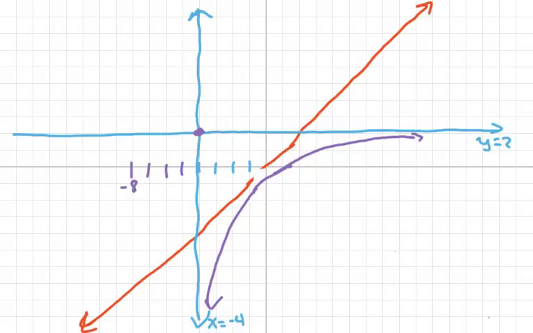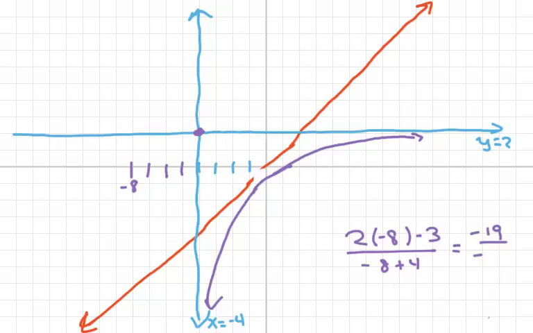I'm going to plug -8 into my equation. So I get 2 times -8 minus 3 over -8 plus 4, which gives you about -19 over -4. Now this is very close to 5. So 5 would be right here. Very close, but not quite.